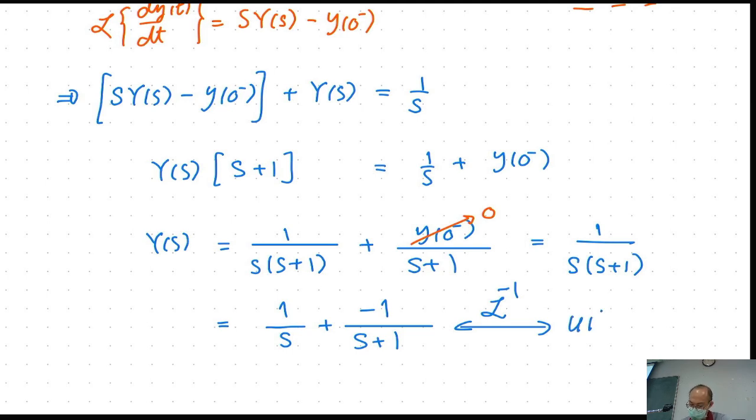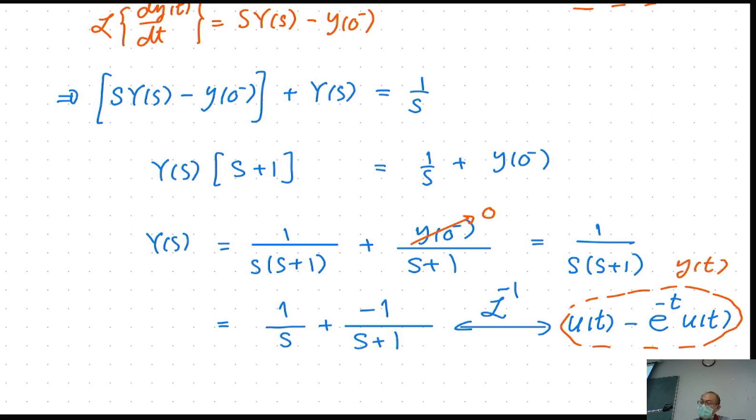The first term is u(t), and the second term is e to the negative t u(t). And this is just y(t). So the solution to this differential equation is (1 minus e to the negative t) u(t). That's it.